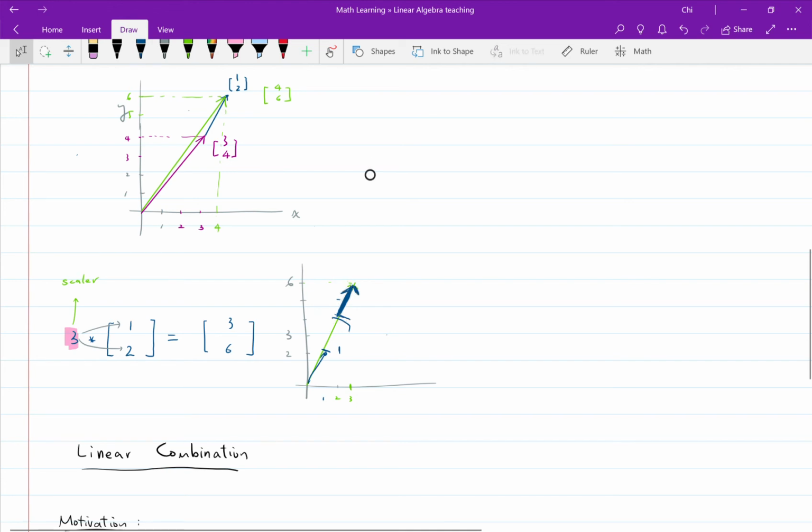So do you see what I'm trying to say? Basically, if you multiply a vector by a scalar, like here 3, you stretch it by 3 times. The resulting vector's length is 3 times the original length, and it extends in the same direction as it was pointing before. So that's the geometric interpretation of this operation.